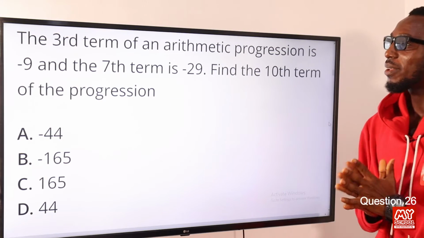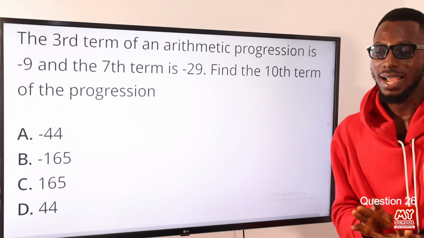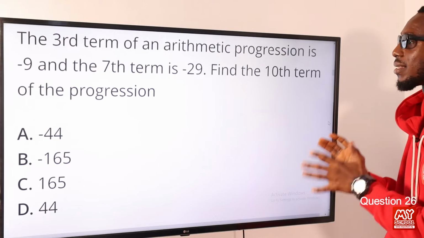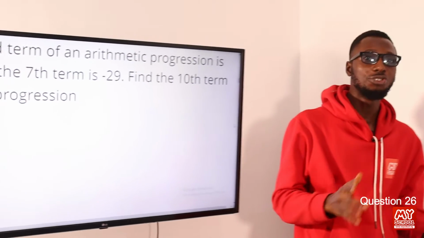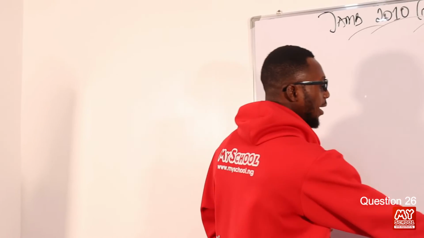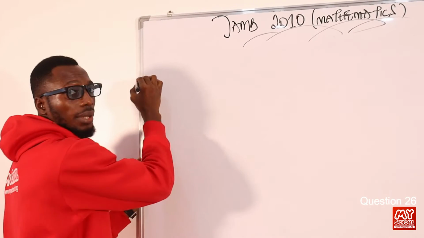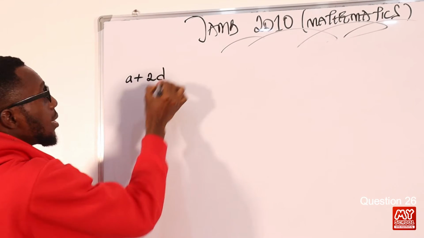26. The third term of an arithmetic progression is -9, and the 7th term is -29. So find the 10th term of the progression. So remember we have AP and GP. GP stands for geometric progression. So for AP, the third term of an AP, that is A plus 2D, isn't it?